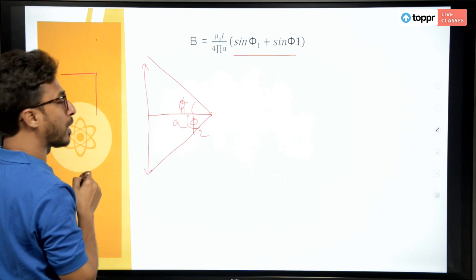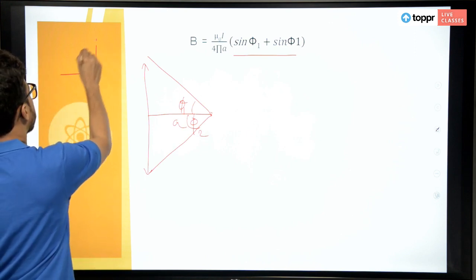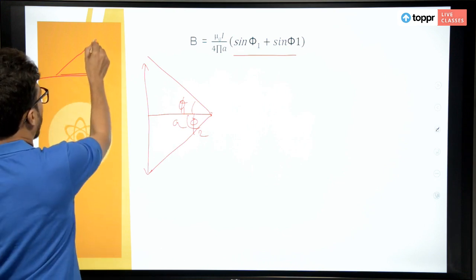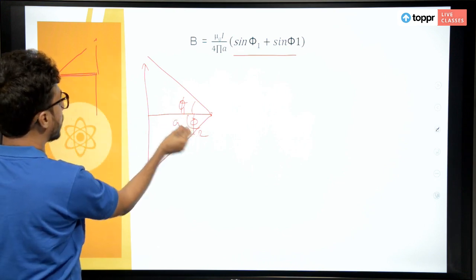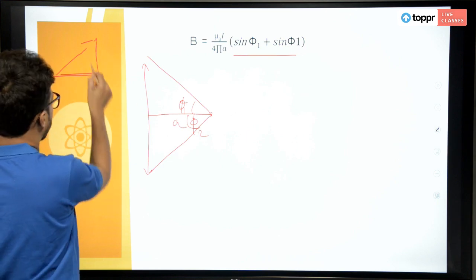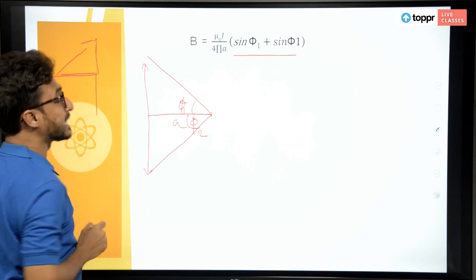First the coil was like this, and this is an infinitely long coil. So for one, phi 1 will be 0, and for the other, phi 1 is 90 degrees.